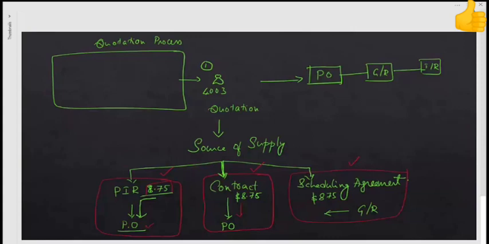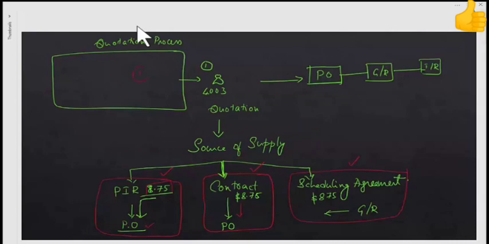So basically, this brings three processes together: the quotation process or the RFQ process, the source of supply, which contains a list of source documents like purchase info record, contract, scheduling agreements that can be used to create further documents with the vendor. This whole procedure brings two concepts together.